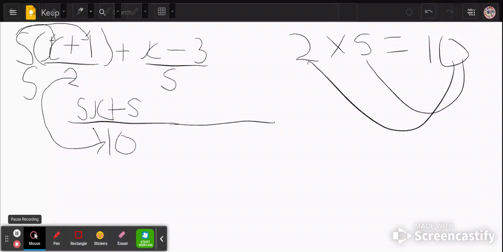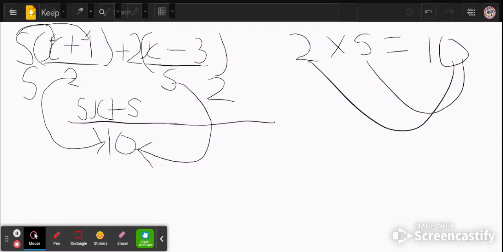So far we get rid of the fraction on the left-hand side, right? So we did what we need to do with the fraction on the left-hand side. So now let's focus on the fraction on the right-hand side. We need to see how many times the denominator of 5 can go into the common denominator of 10. And 5 goes into 10 2 times. This 2 which we get, we're going to multiply it by the numerator of x minus 3.